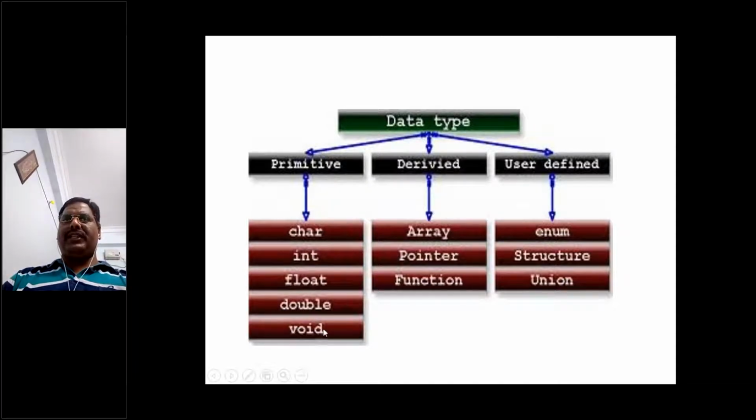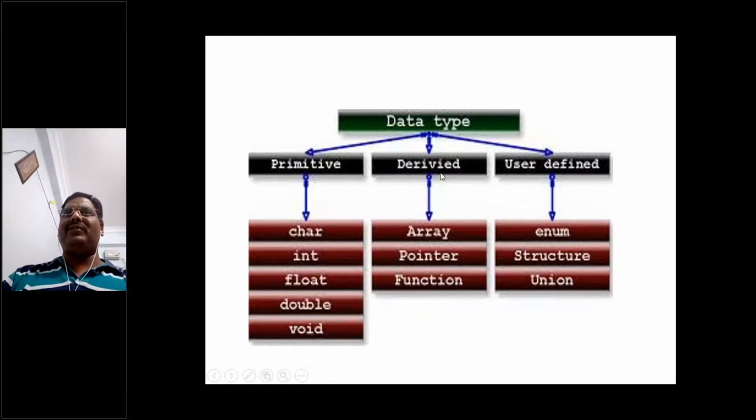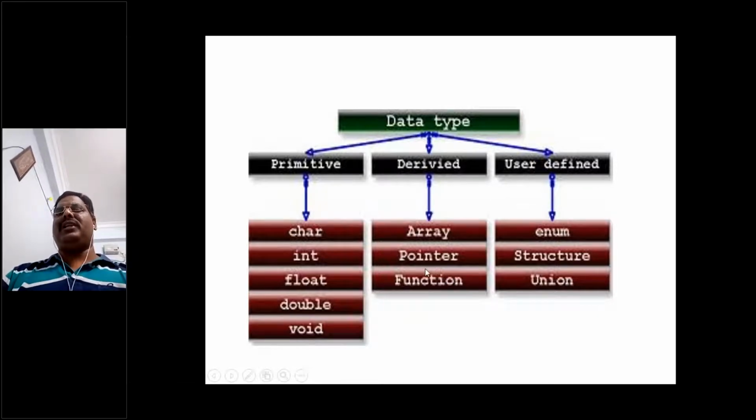Using primitive data types, we can access only a single value at a time. But using derived data types, we can access multiple data values at a time, related to the same data type.